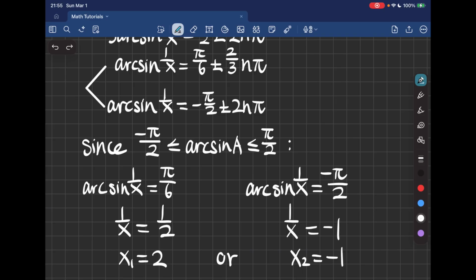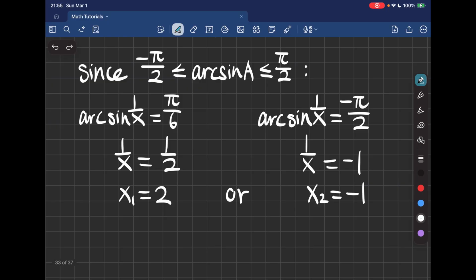So for arc sine 1 over x here, for this type of value, we can only have it equal to pi over 6. Because if it's pi over 6 plus 2 over 3 n pi, and for example n equals 1, then we will have a value that is greater than pi over 2, which is not applicable. The only applicable one is pi over 6.